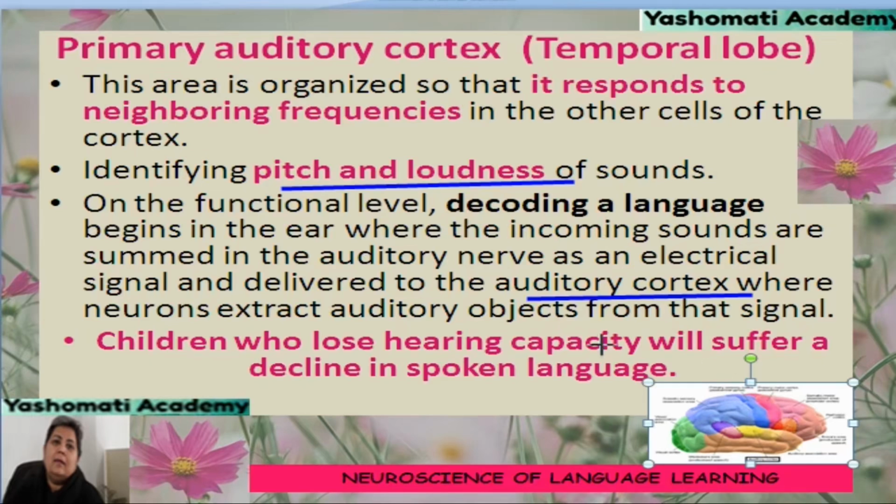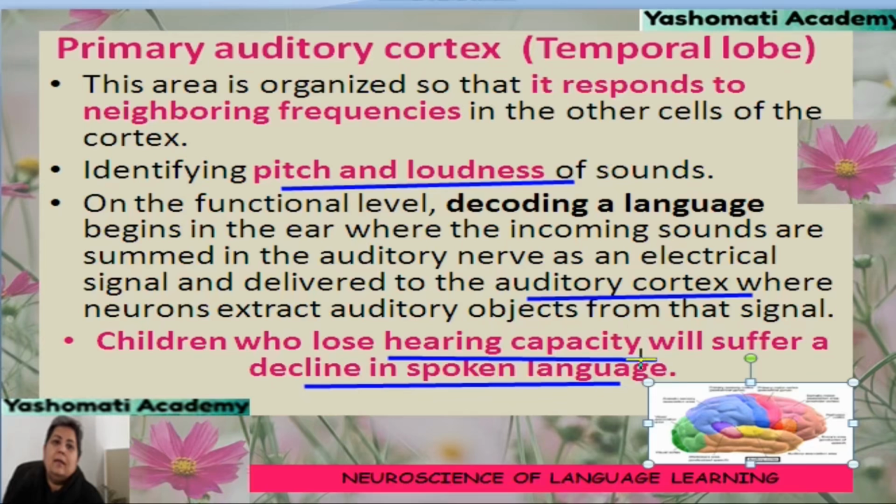Now, if a learner is not able to hear, that means he has lost the hearing capacity, or there is some problem with his ears, because of which the ears are not able to pick up the auditory stimuli, or there is some problem in the auditory nerve because of which stimuli are not taken to the brain. Even if everything is perfectly alright with the brain or the auditory cortex, even then such a learner will suffer a decline in spoken language.